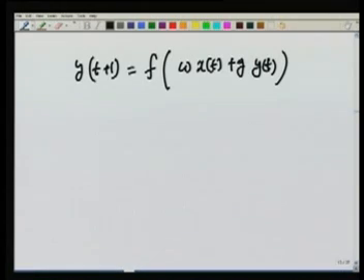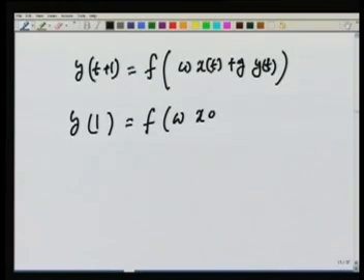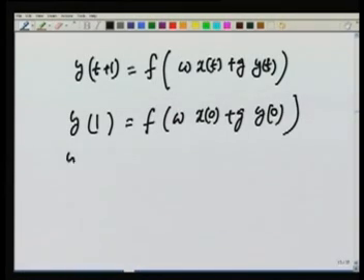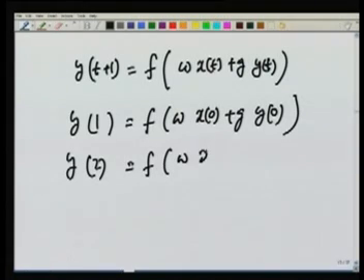This is the forward response of the simplest network that we took. If I write recursively, y 1 is f of w x 0 plus g y 0. Similarly, y 2 is f of w x 1 plus g y 1.